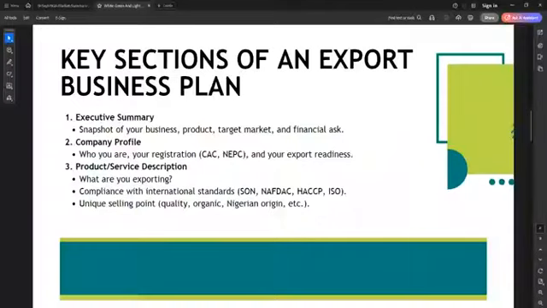Really important. So number two is company profile, where you just talk about your company, your registration, all the licenses and regulations that you are compliant with, that helps you export, that helps you have a competitive advantage in the international market, and your export readiness. Okay, so if you've taken an export readiness test of the Lagos School of Exports Management, you can just insert your report in your company profile.